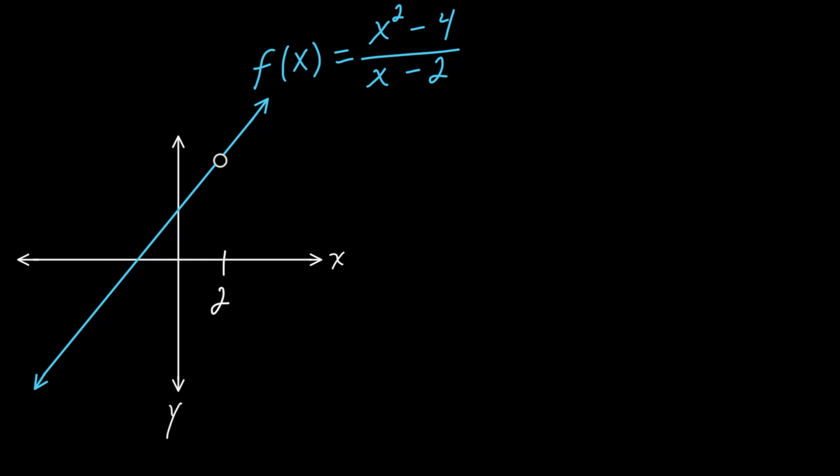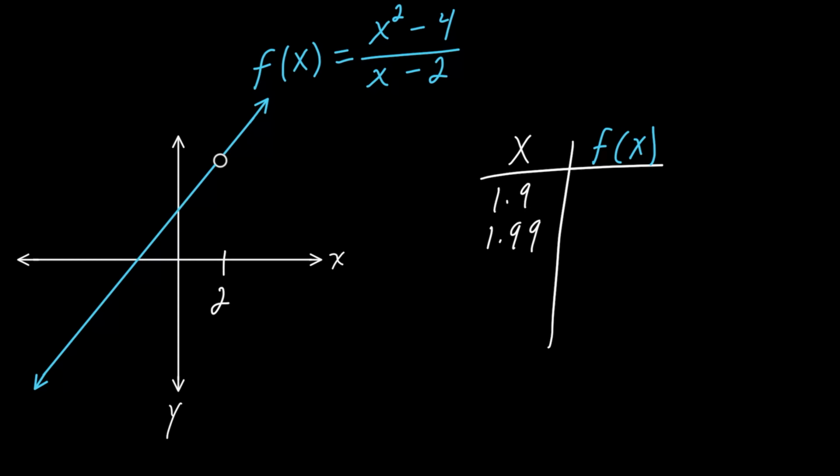So in other words, the limit as x approaches 2 gives us a good estimate for the function near this hole. So let's draw a table again. Over here, we're going to have x, and over here, we're going to have f of x. Let's put values that are really close to 2, but that don't include 2, so 1.9, 1.99, 1.999.